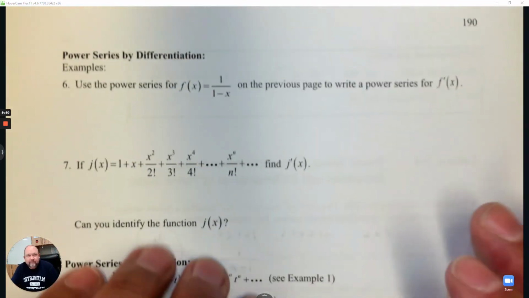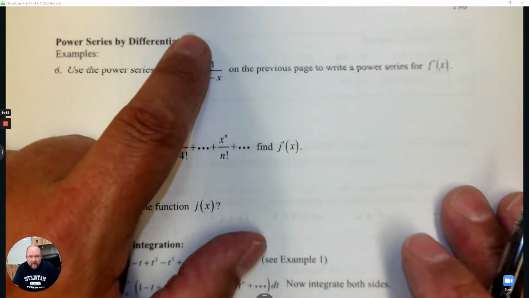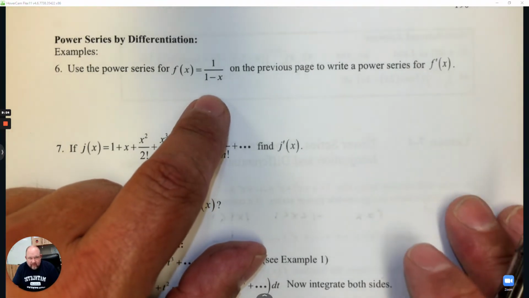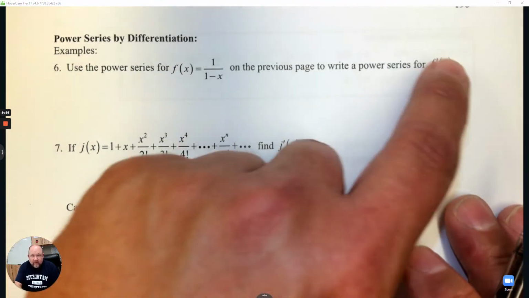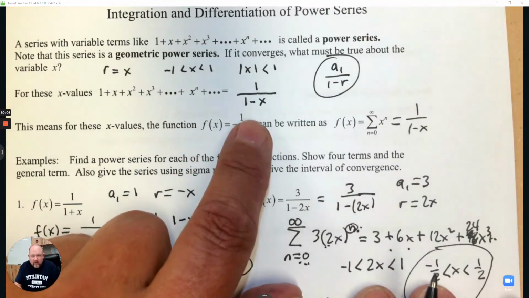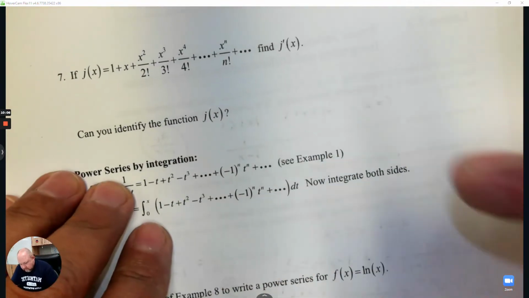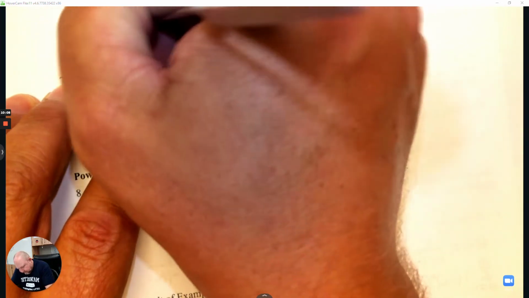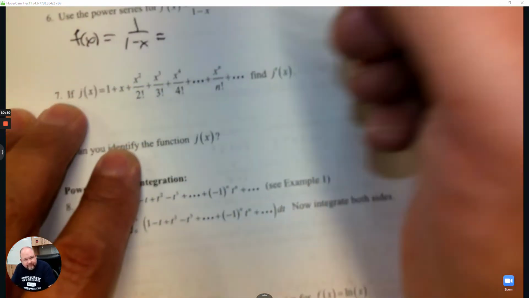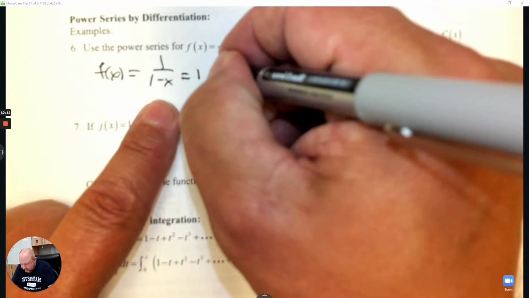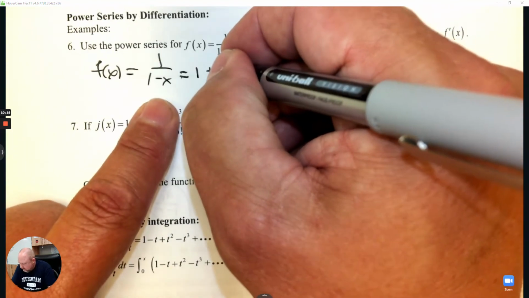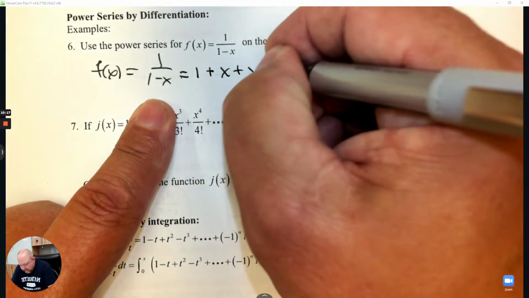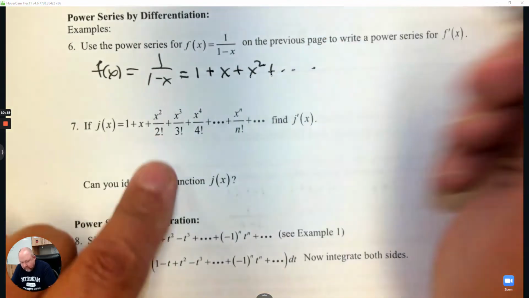All right, turn the page. Use the power series 1 over 1 minus x on the previous page to do the derivative. So 1 over 1 minus x was this: 1 plus x plus x squared plus, and so on.